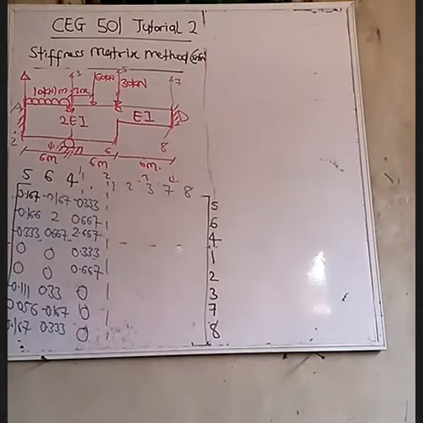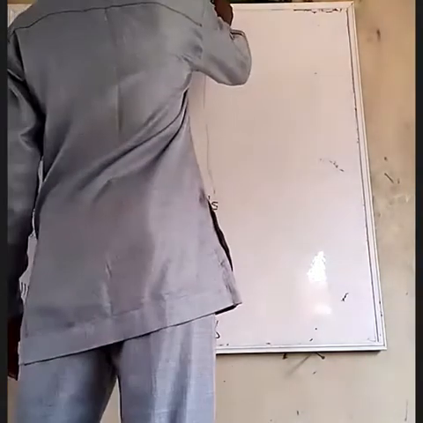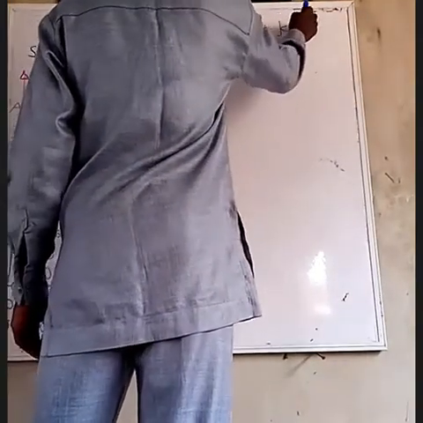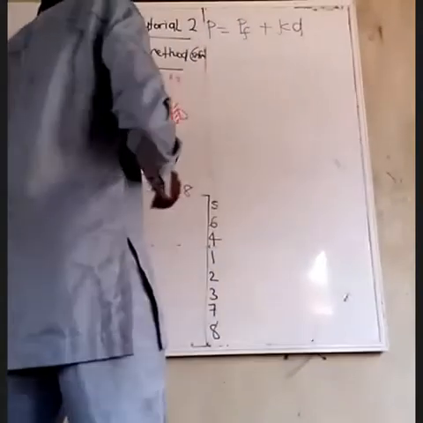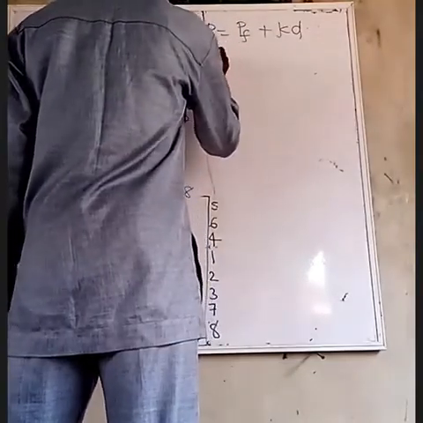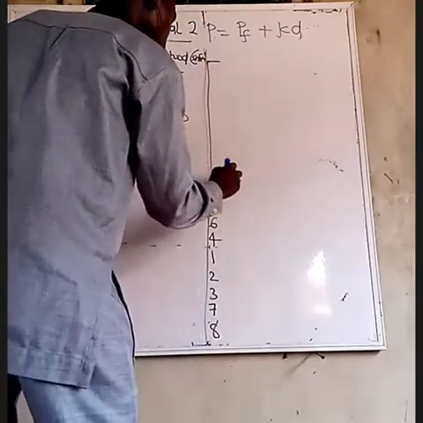So let's continue. So now we come to our formula: P equals PF plus KD. So, Sheyi, it's time to fulfill your promise. What is P?